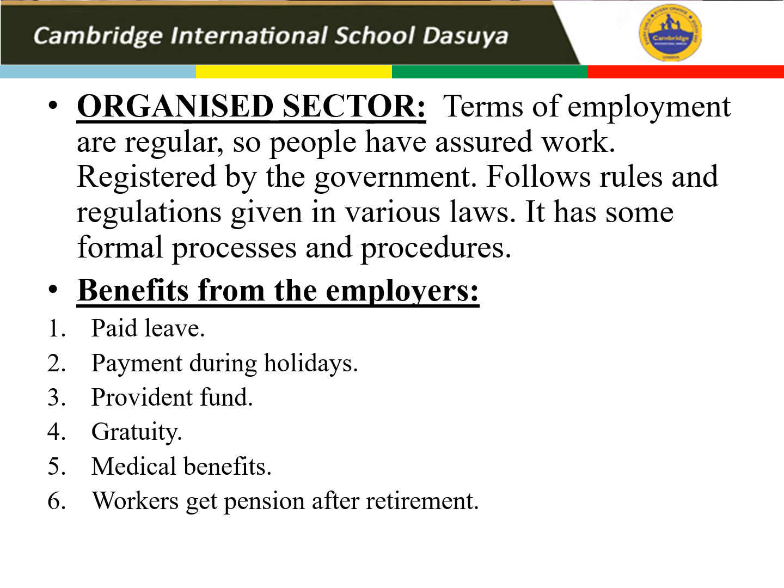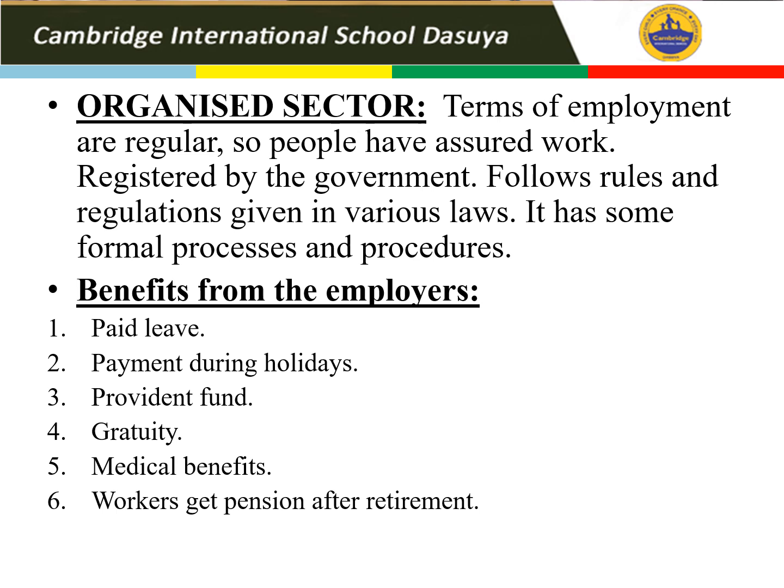Obviously we have different procedures for taking admission in our school, and if we have to join the job also, we have different processes and procedures that we need to follow. So our school is an example of the organized sector, because we follow all the procedures, processes, rules and regulations, we are registered with the government, our terms of employment are regular in nature, and everybody has assured work.